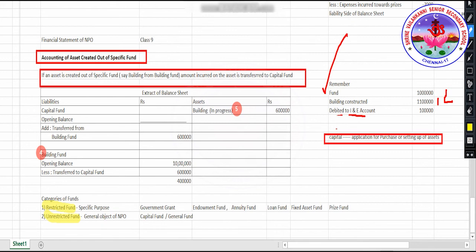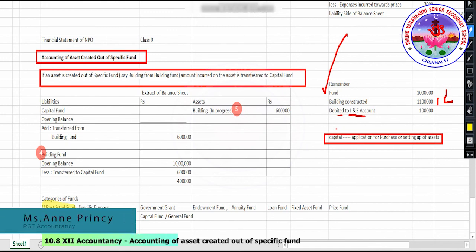Examples of this fund are capital fund and general fund. But restricted fund means, say for example, prize fund. If you conducted any contest or games, this fund money will be used only for prize purchases, not for anything else. So that is called a specific purpose.